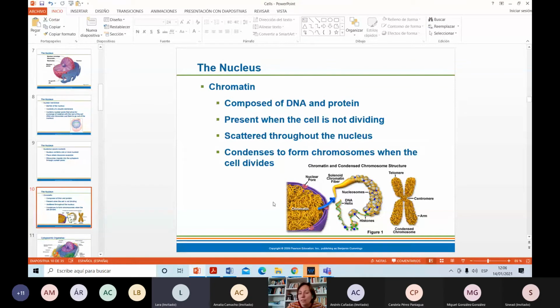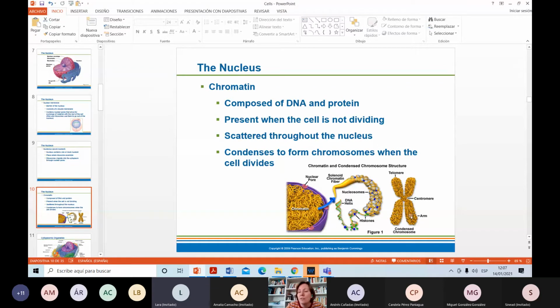So if you take one cell and you look in a good microscope, you're going to see the nucleus with a material that you're not going to identify. But sometimes in specific cells, you can see this structure. If you see it, it means that the cell was dividing.